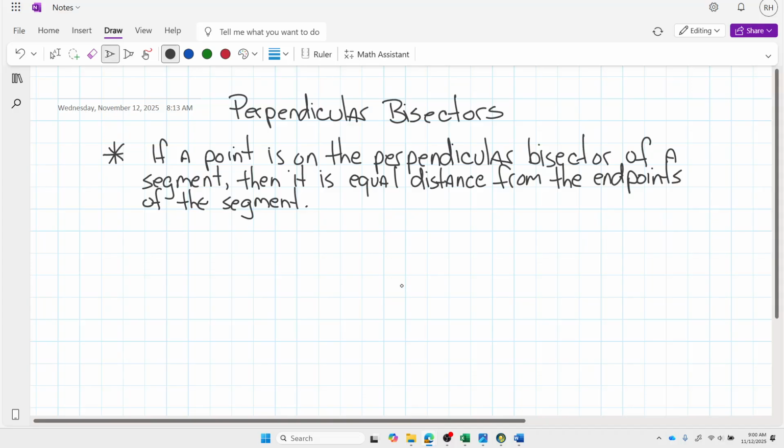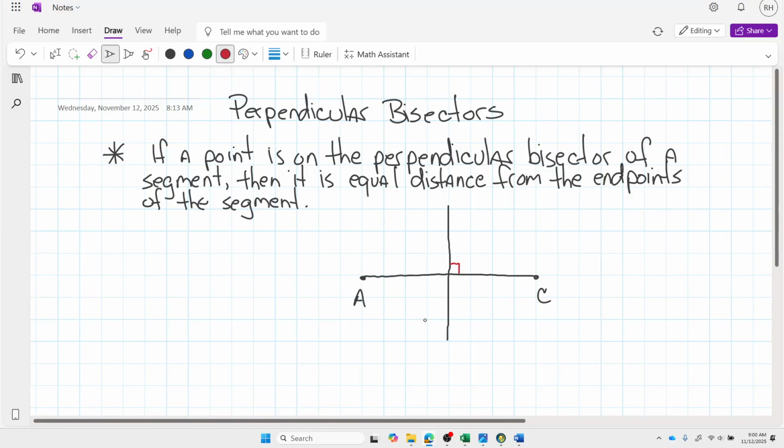And what a picture of that looks like is, let's say you got a segment. What the theorem says, if a point is on the perpendicular bisector of a segment. So here's a segment. Let's say you got AB or AC. A perpendicular bisector would go right through it. It would intersect it at 90 degrees, perpendicular.